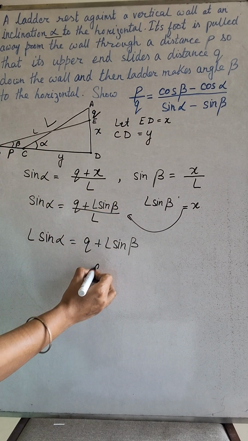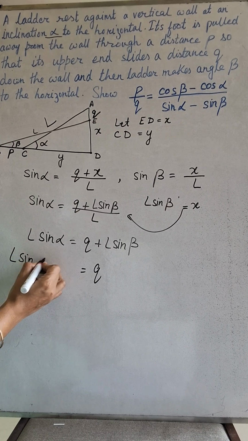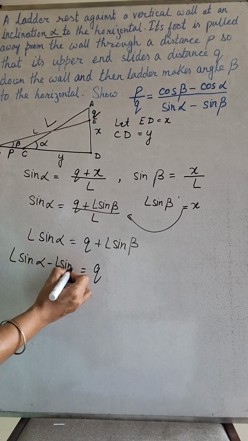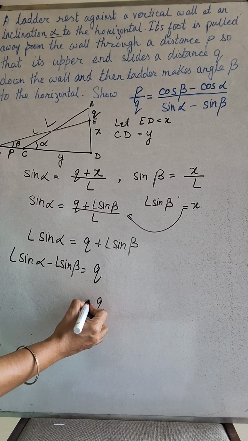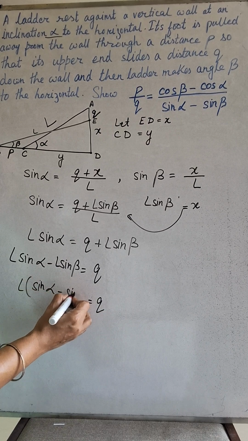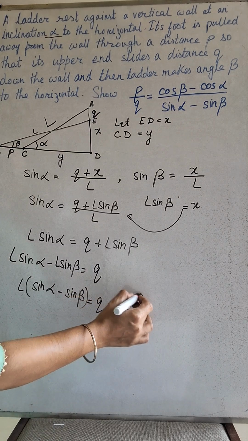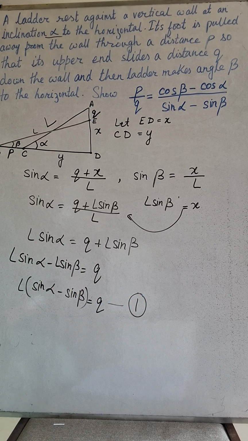So over here, q will be equal to L sine alpha minus L sine beta. That means q is equal to L, you take common, sine alpha minus sine beta. Things are becoming easy. We have already got the q over here. And don't worry, L will get cancelled. This is your equation number 1. Similarly, you have to get an equation for p.